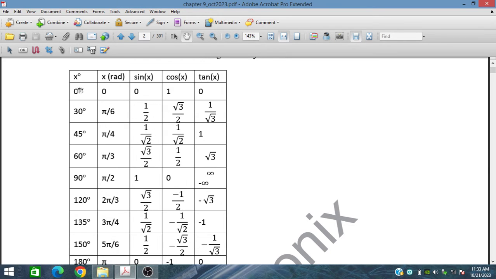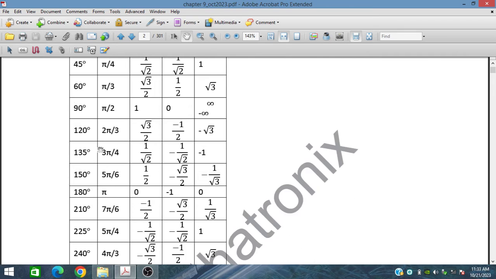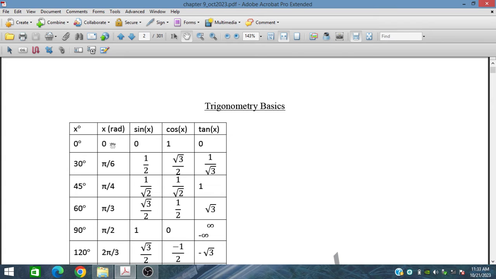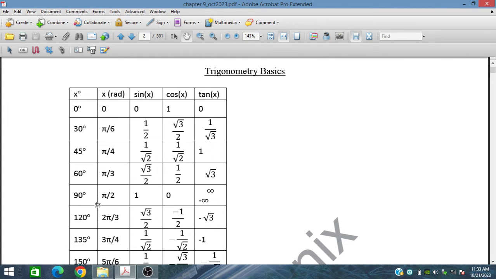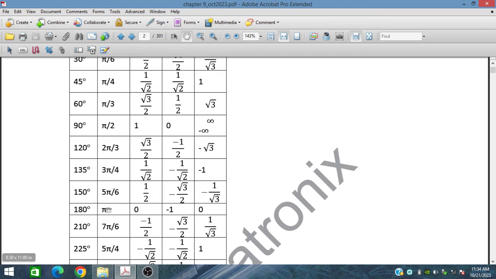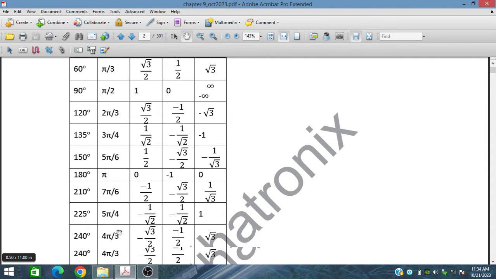So we have taken all the angles from 0 to 360 degree and the corresponding radian values. 0 degrees is 0 radian, 30 degrees pi by 6, as we have already seen in earlier pages. 45 degrees pi by 4, 60 degrees pi by 3, 90 degrees pi by 2, 120 degrees 2 pi by 3, 135 degrees 3 pi by 4, 150 degrees 5 pi by 6, 180 degrees pi, 210 degrees 7 pi by 6.